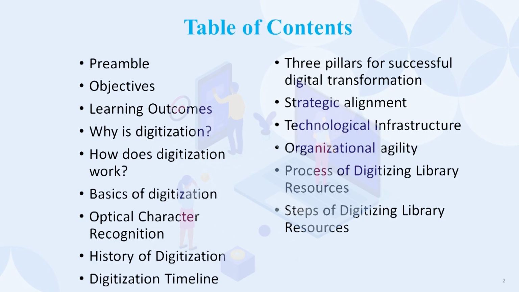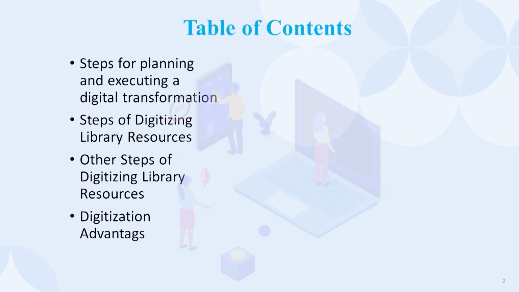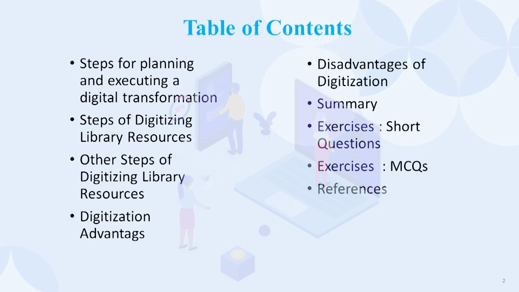Then the process of digitization of materials and steps to digitize library materials, and their objectives. Other steps include planning and executing a digital transformation, and steps of digitizing library resources, digitization advantages, then summary, exercises, short notes, MCQs, and the references and bibliographies, which I have tried to cover in your slides.